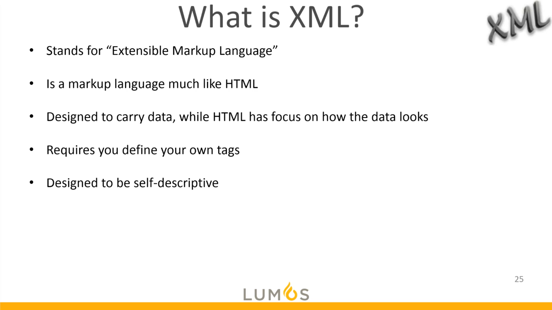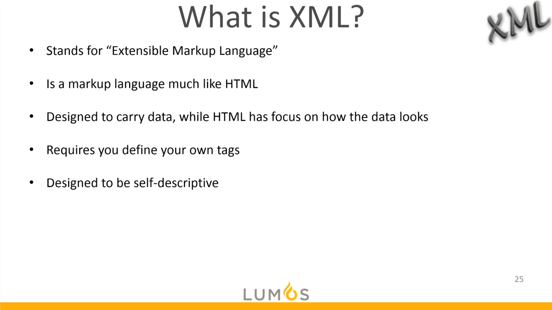So HTML, for instance, has the tag of, I always think less than, HTML, greater than. Okay, and then we have to have an open tag and a close tag. Okay, and then we have, let's say, less than, body, greater than. Right. So those are very fixed tags in HTML.